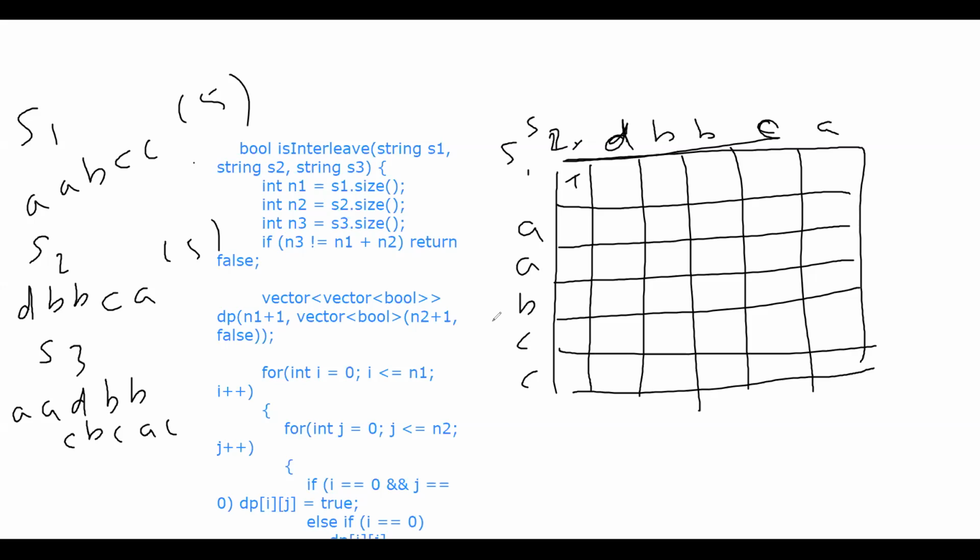Now this one is 0, row is 0. So what I'm looking for, I can't see my code over here now. Okay, let me quickly follow that also. Just a minute.